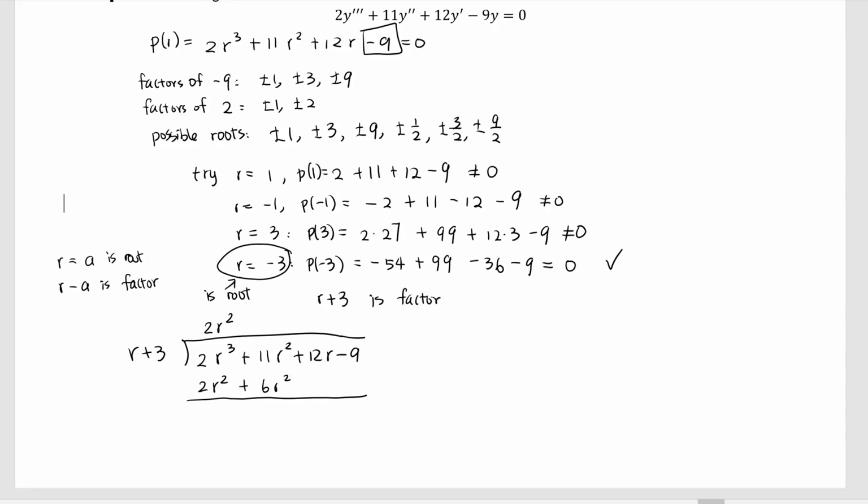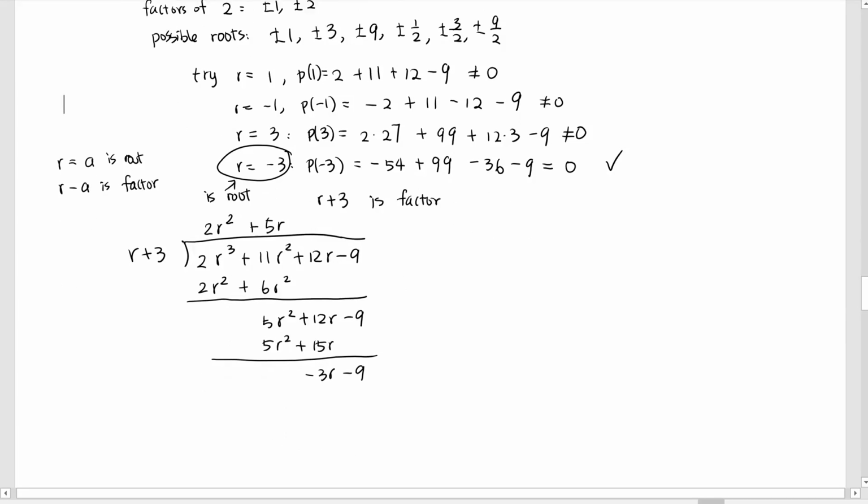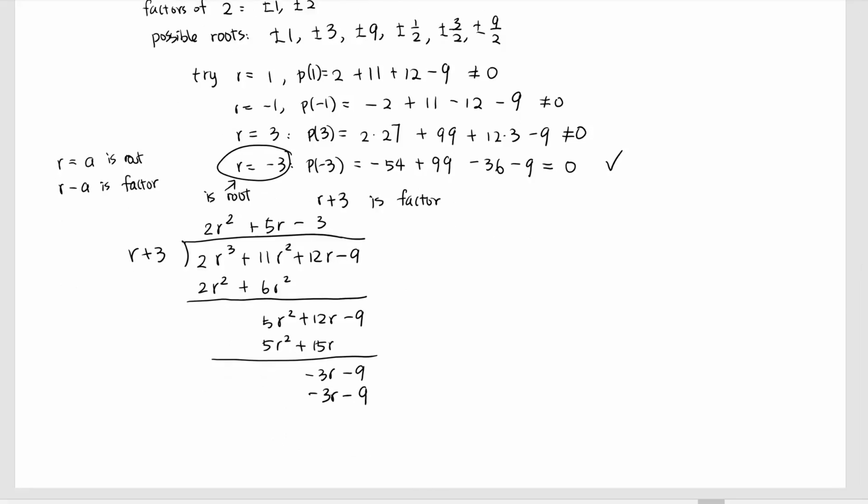Use the first line, subtract the second line: 5r squared plus 12r minus 9. What multiplied by r gives 5r squared? 5r. 5r squared plus 15r. That leaves negative 3r minus 9. So negative 3 gives negative 3r minus 9.